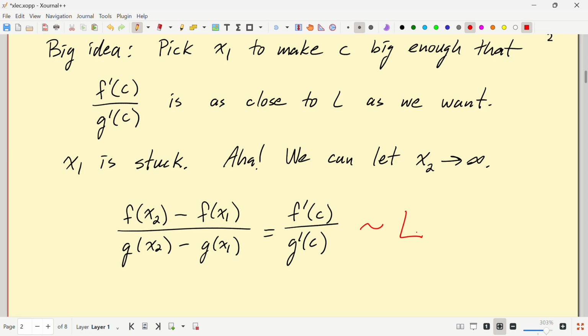That might do something. But I wish I had f over g, and I have it kind of jumbled up in a mess here. So the thing that I thought of doing is multiply the top and the bottom by 1 over g of x2. If I multiply the top by 1 over g of x2, I have to do the same thing to the bottom.